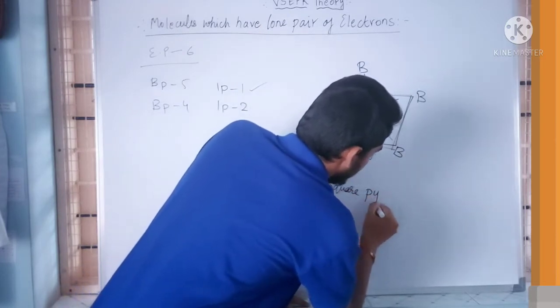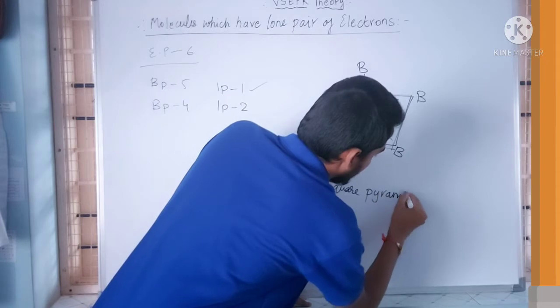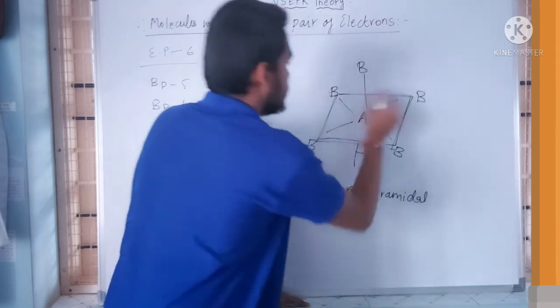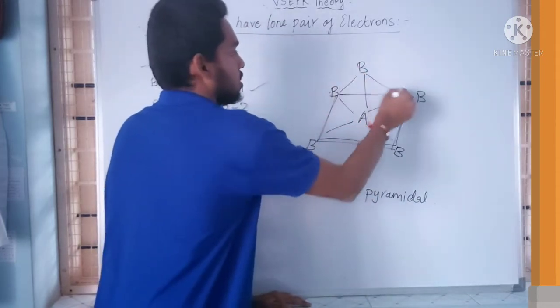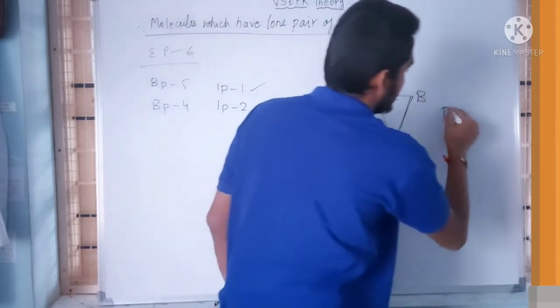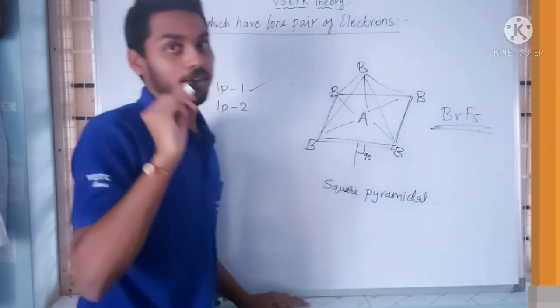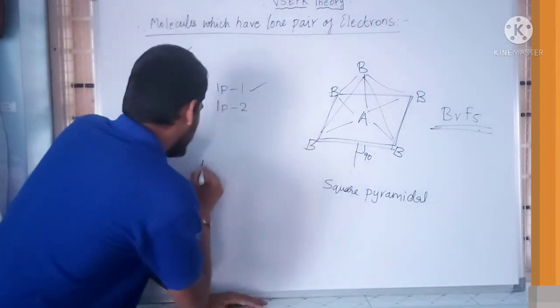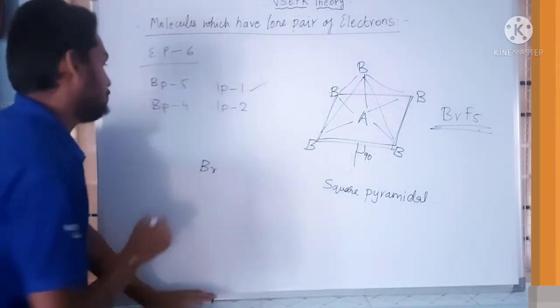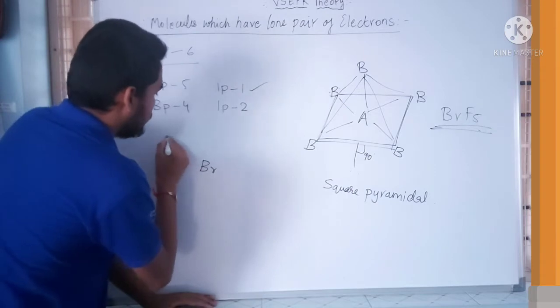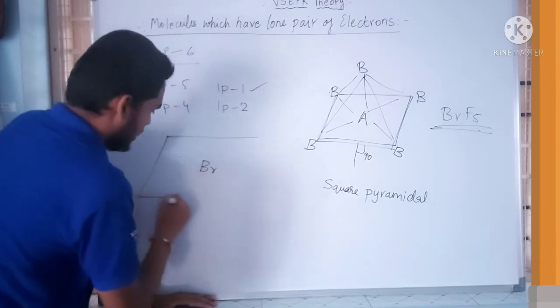Square pyramidal. This is a square and I have a pyramid structure. An example for this is BrF5, bromine pentafluoride. Let us see that. Let us take bromine here, and let me draw a square planar.